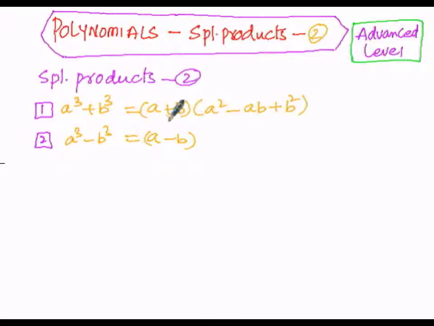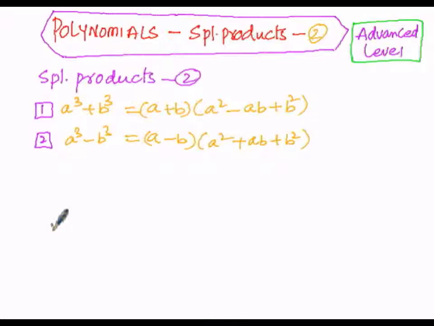When plus occurs between a and b, we get minus ab; when minus occurs between a and b, we get plus ab. First of all, let us prove these two conditions.